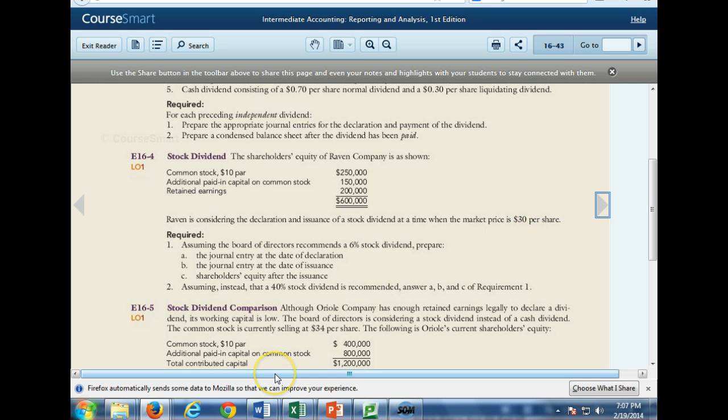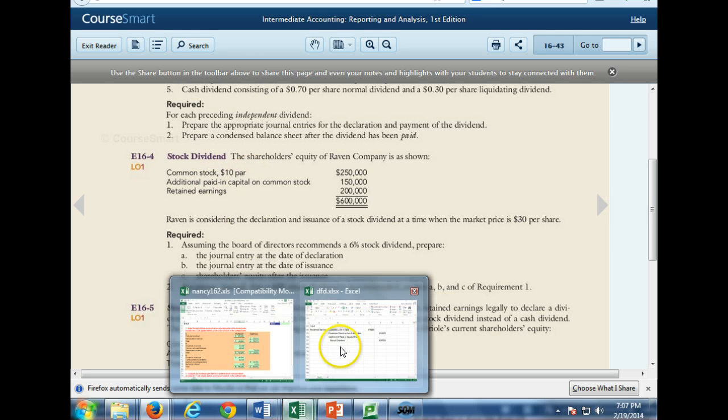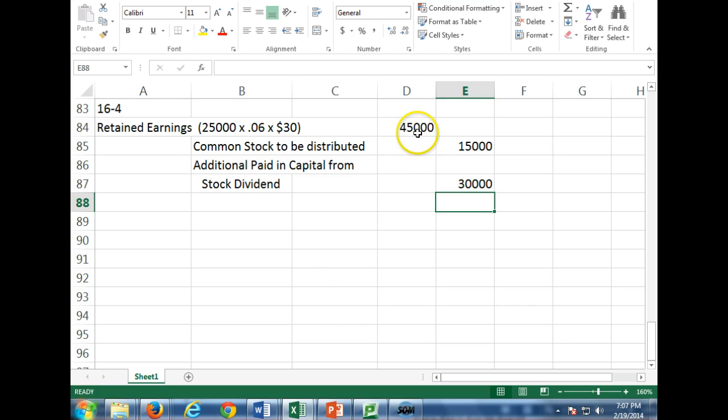So if the market price is 30 bucks a share, but what do we know the par value really is? $10 a share, right? So anything over the $10 a share is going to get put in additional paid in capital from stock dividend. Okie doke?